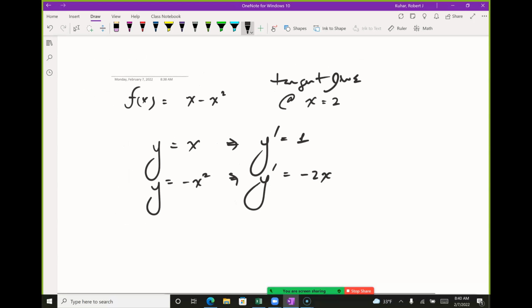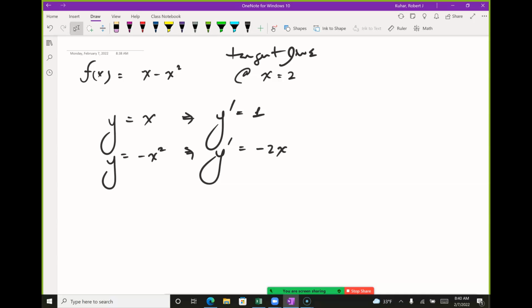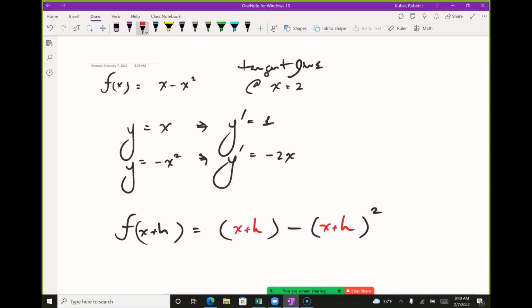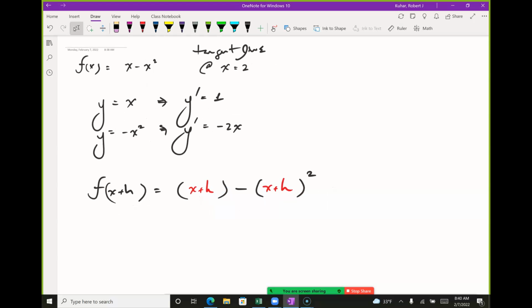Nice. So let's do it with our limit, right? So first of all, I want to find f of x plus h. Now notice what I do. I write in x minus x squared with empty parens. You see that? And inside of each, I put x plus h. Right? And I'm doing this composition, right?